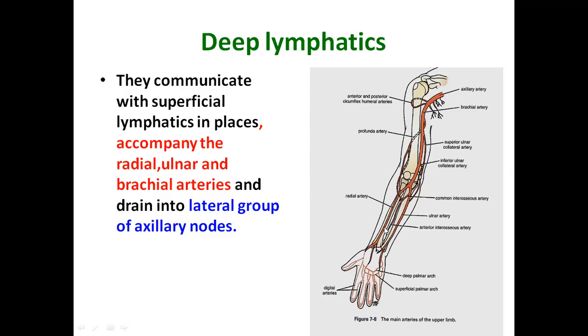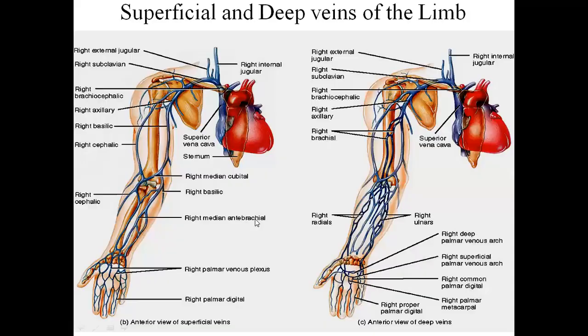These veins are basically seen as two veins on either side of the artery. Suppose radial artery is in the middle, on either side you will find two veins. We use the word vena comitants to describe such an arrangement. When you find the artery in the middle and it is accompanied by two veins on either side, we use the word vena comitants. Now let's go back.